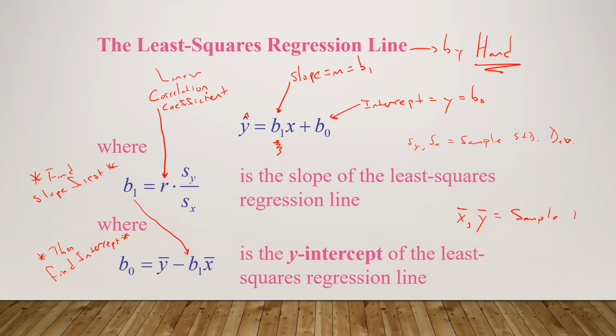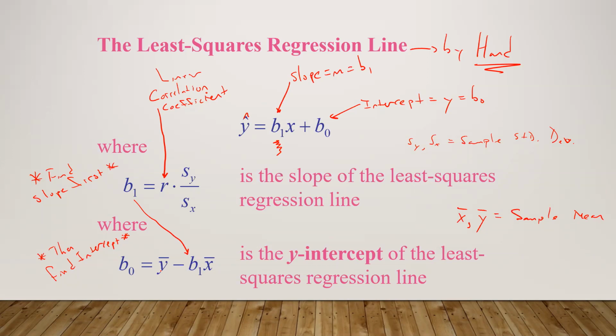So X bar means the sample mean for the X variables. What do you think Y bar means then? Whenever there's a bar above the variable, it means the mean, so Y bar just means the mean of the Y variables.